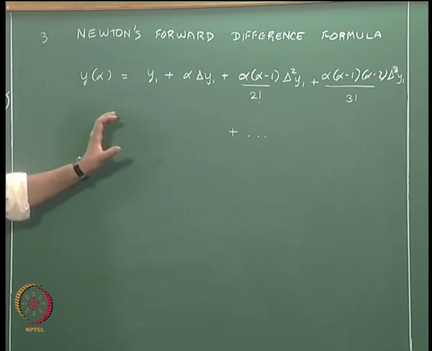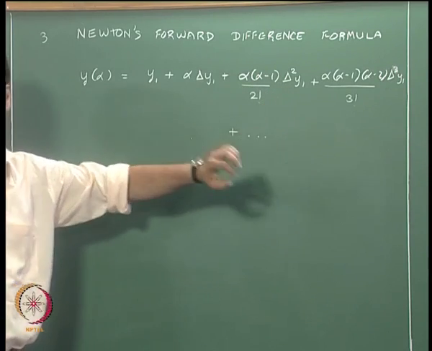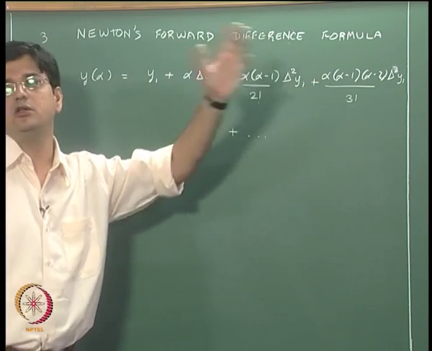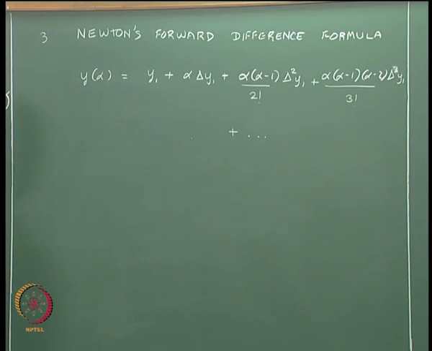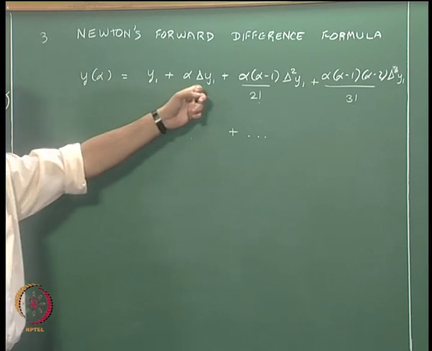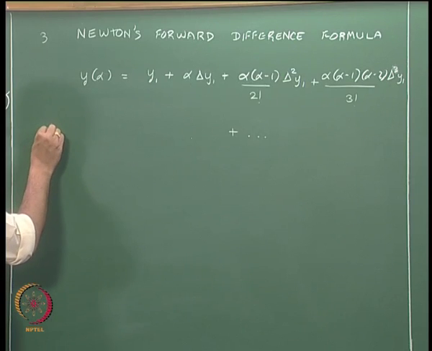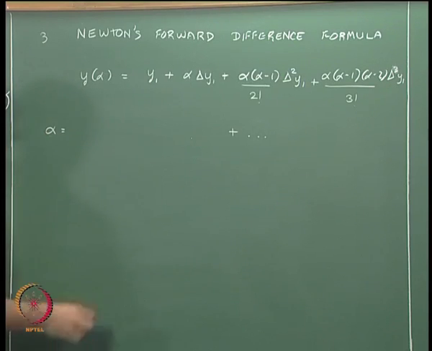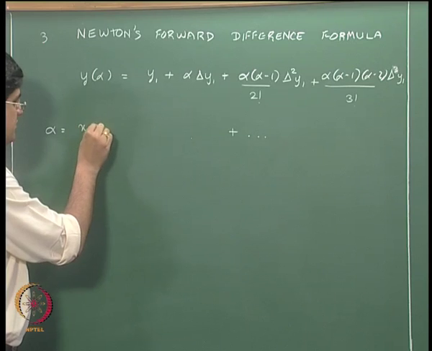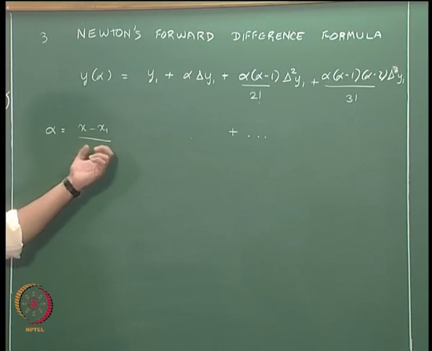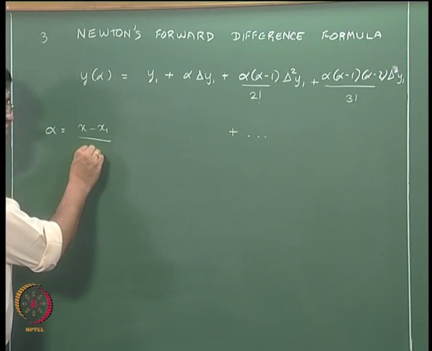Depending on how many data points we have, we will be able to write it as a longer series. Now when we have just two data points, we are going to retain only the first two terms. For the Newton's forward difference formula, alpha was equal to x minus x1 divided by h, where delta x is nothing but h in this particular case.